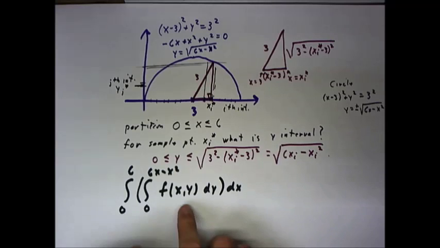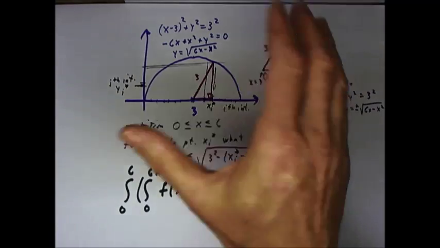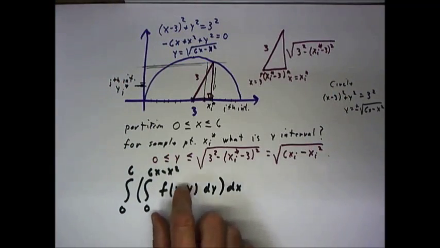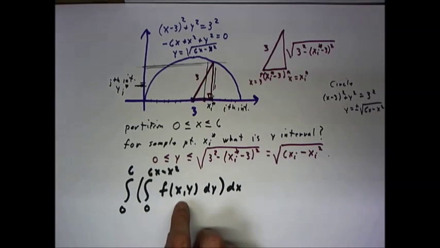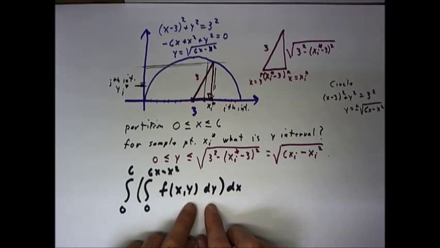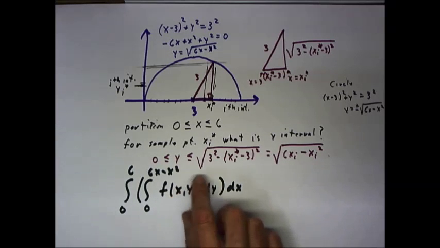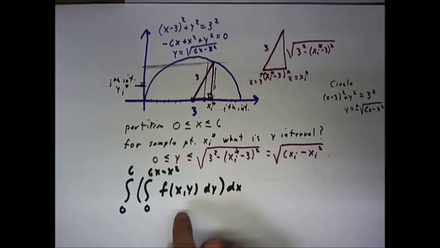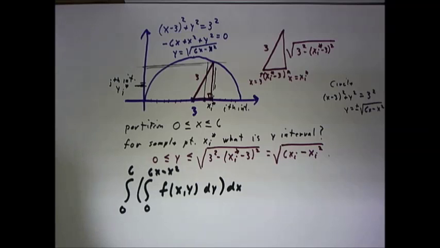Now the quantity f of x, y that we're integrating could be a density, so that we get the mass corresponding to this region. It could be the height of a curve above the region, in which case our interpretation would be a volume. We could be calculating a moment or a moment of inertia, in which case our f of x, y function would be something even different. And in any case, we probably want to consider what it is that we're evaluating on our small increments.